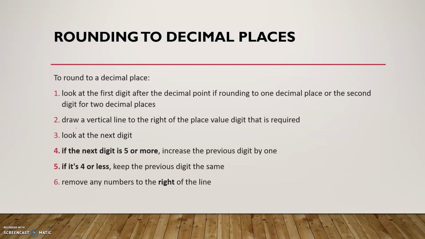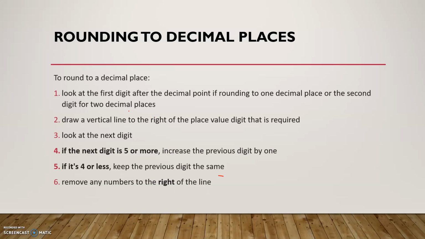Rule number 3, look at the next digit. Rule number 4, if the next digit is 5 or more, increase the previous digit by 1. Rule number 5, if it's 4 or less, keep the previous digit the same. And the last rule, remove any numbers to the right of the line.